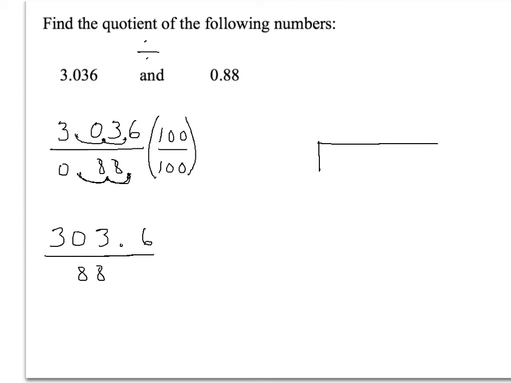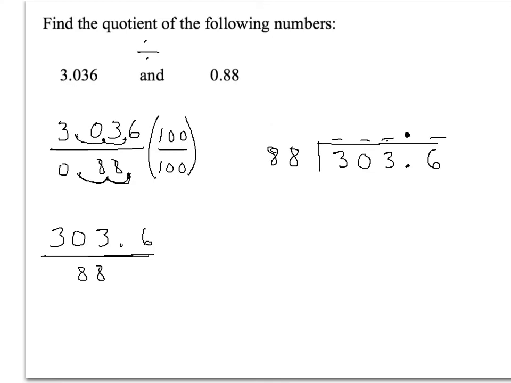The number being divided. 303.6 goes inside. Okay, bring the decimal straight up for my answer. All right, let's go for it.